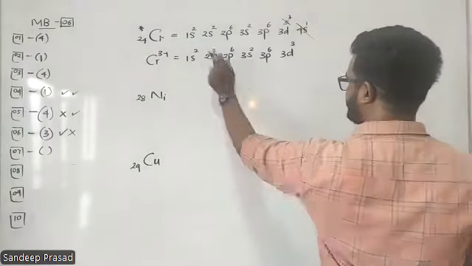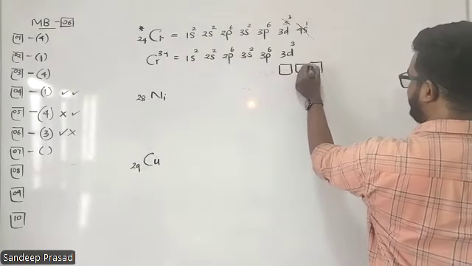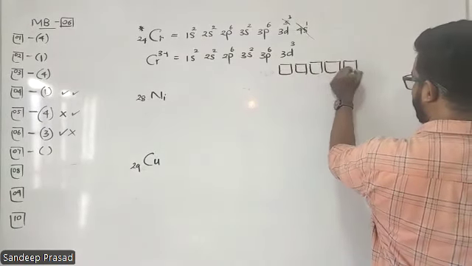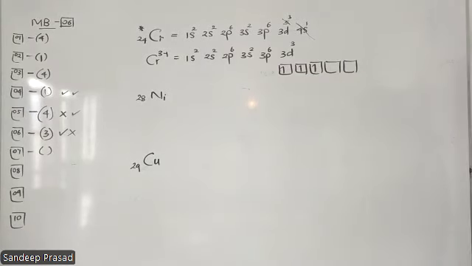Students, up to 3p6, all the electrons are paired. In the d sub energy level, we know that there are 5 orbitals. Each and every orbital is filled with 1 electron except these 2 orbitals. They are empty, unoccupied d orbitals. Then you can count the unpaired electrons. So how many unpaired electrons? There are 3 unpaired electrons.